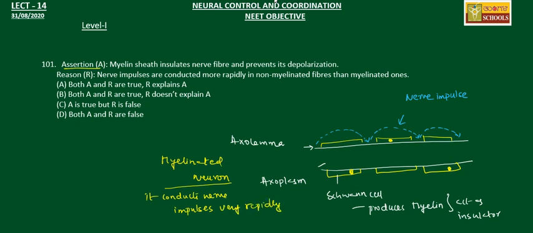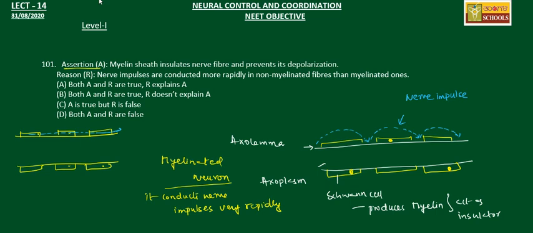While coming to non-myelinated neurons, we can see here Schwann cells are present, but even then the transmission of the impulse takes place straight away.